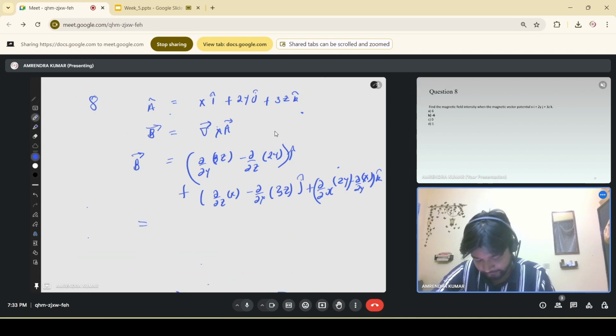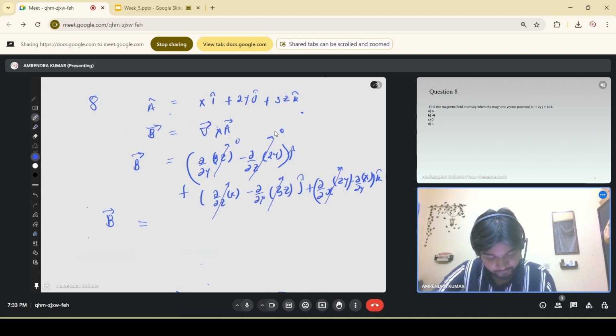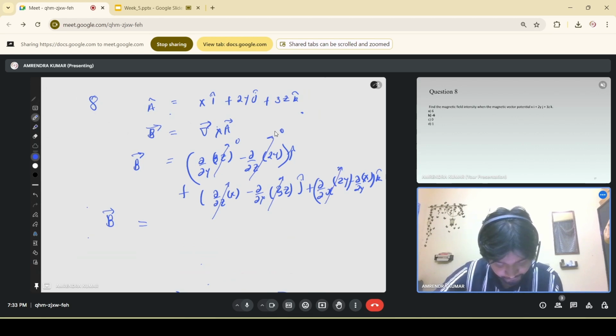Now you do this. B is equal to nothing but the determinant. It's 0, it's 0, it's 0. No, this should be del x A_y, and del y A_x, that's also okay.